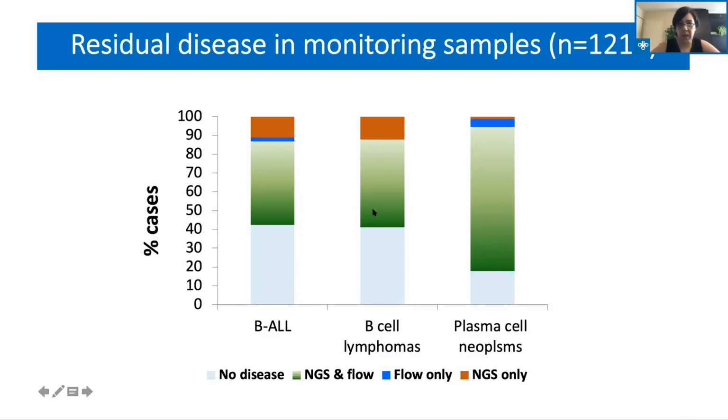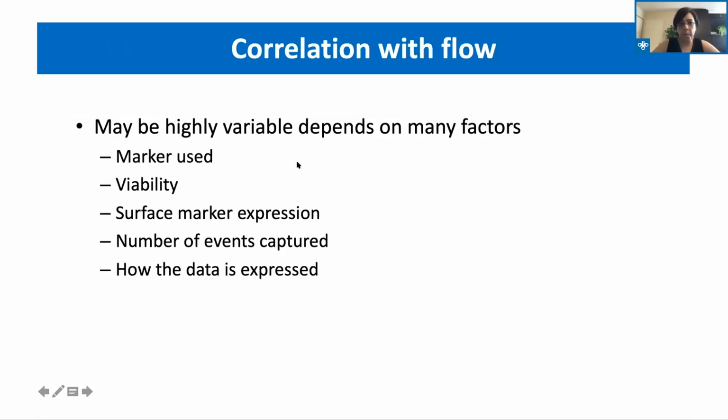For the B-cell lymphomas overall, we actually detect many more by NGS only, anywhere from 10 to 20% more cases compared to flow cytometry, and similar for the B-ALL cases.